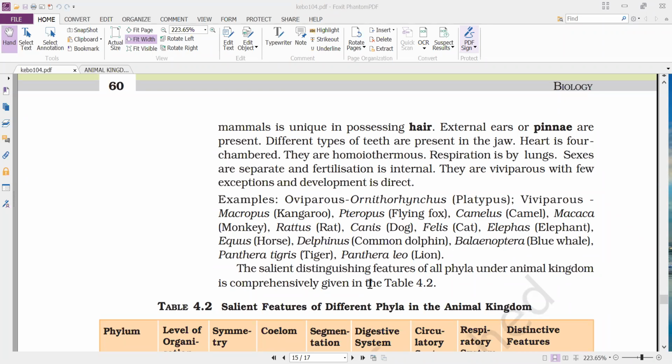Up to Ctenophora, that is the first three phyla of the animal kingdom, along with their characters. Porifera, Cnidaria or Coelenterata, and the third one, Ctenophora.